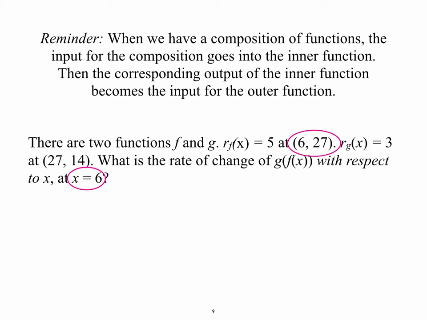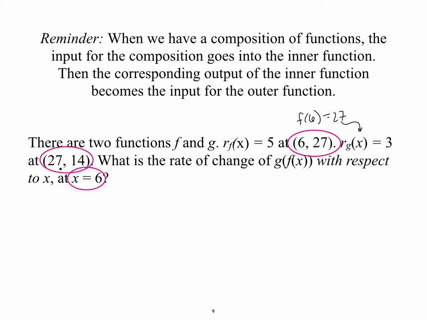This ordered pair means that f of 6 equals 27. So when you look at the rate of change of g, it's going to have 27 as the input.